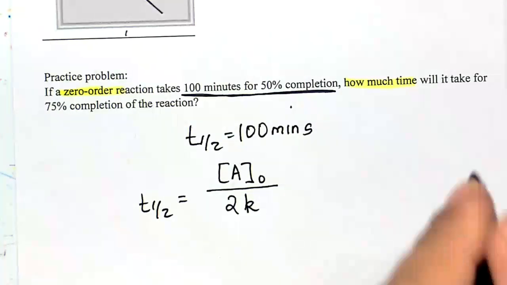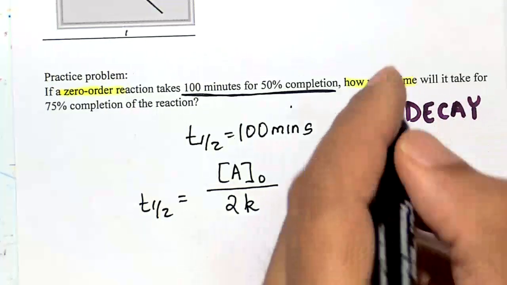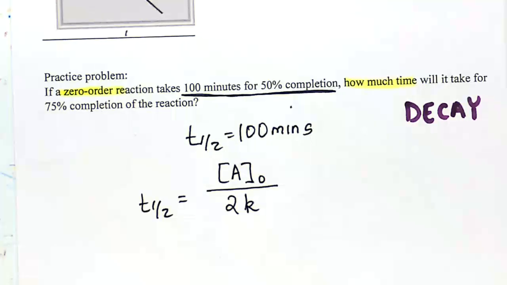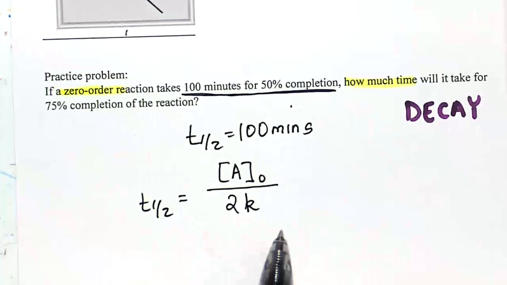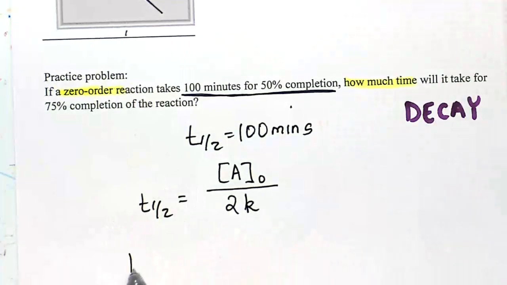So what's a concentration that I could have? I'll call the starting material 100% or 1. So I'm going to make A naught 1, and T1/2 is 100 minutes.